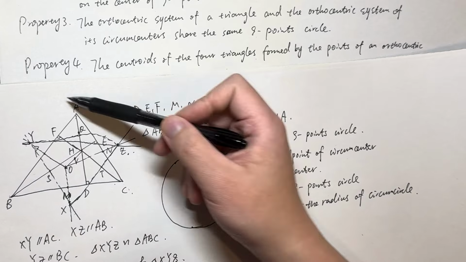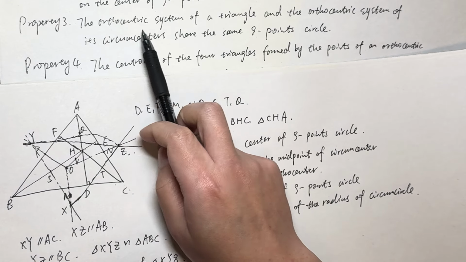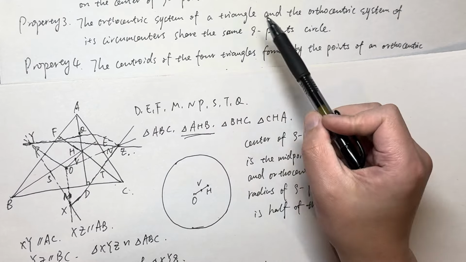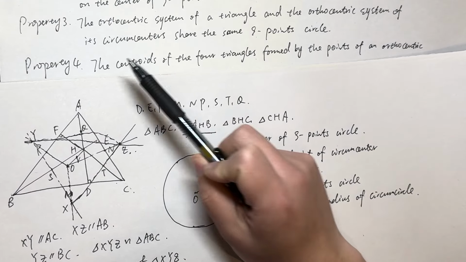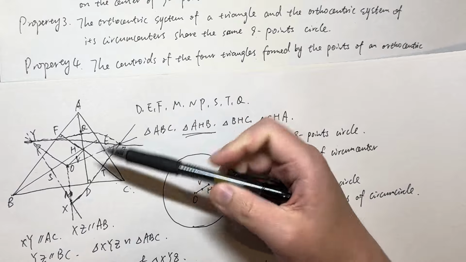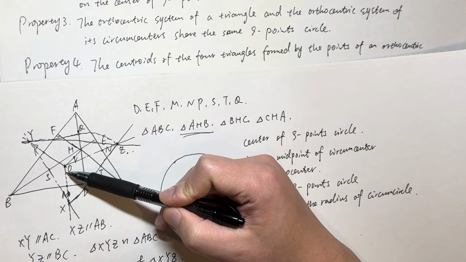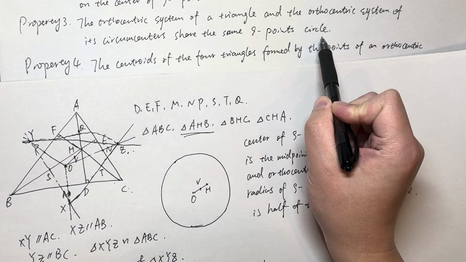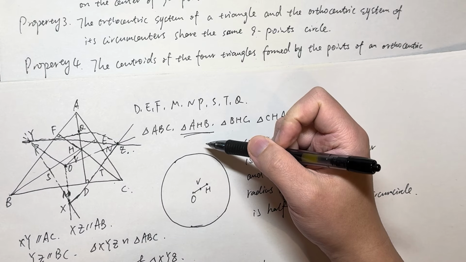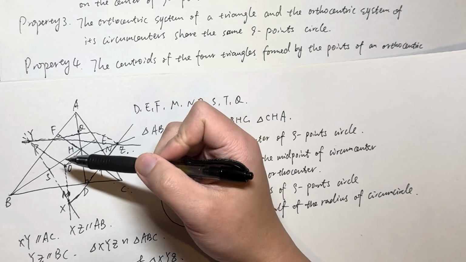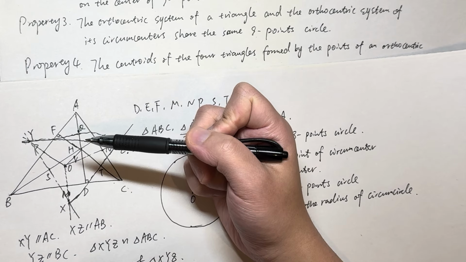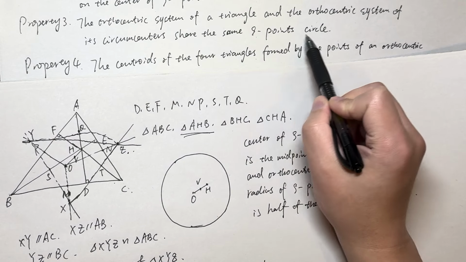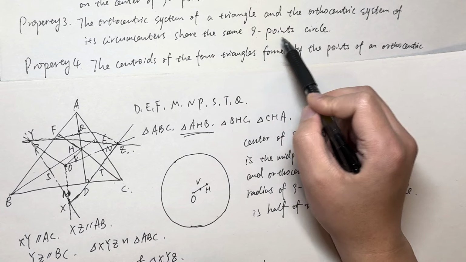So if you look at this figure, the orthocentric system of a triangle, that's ABCH, and the orthocentric system of its circumcenters, which means that's X, Y, Z, O, share the same 9-point circle, which means that we want to prove the same 9-point circle.